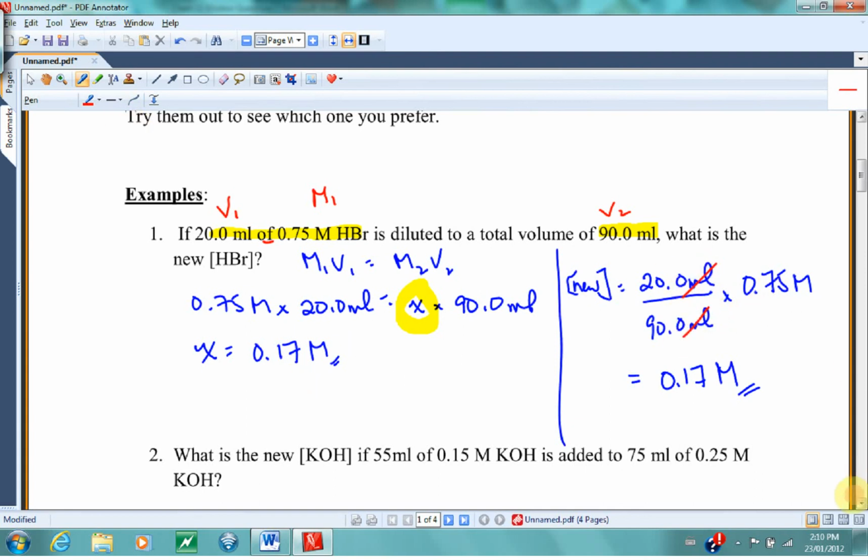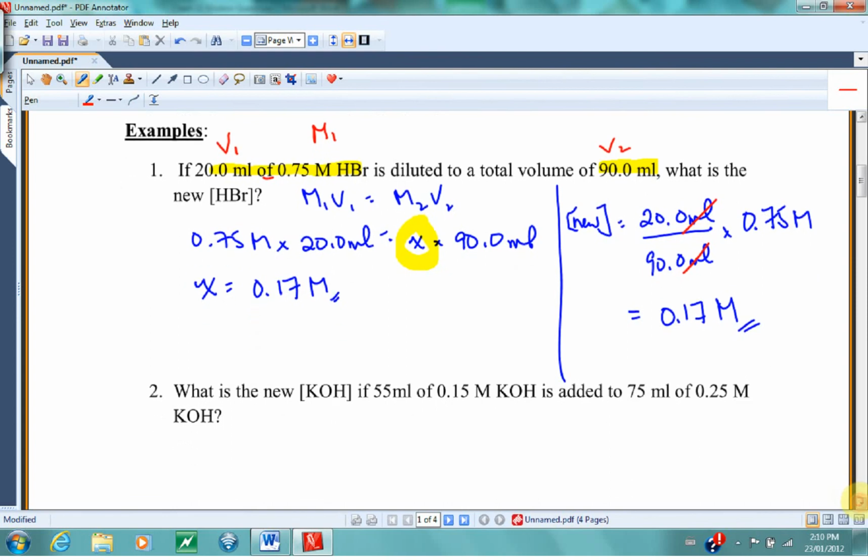So in this one, what we have, slightly different question. We have two different pieces of information. Got two solutions added together.